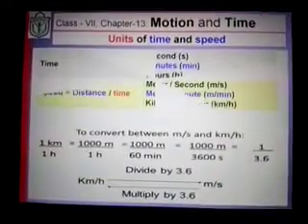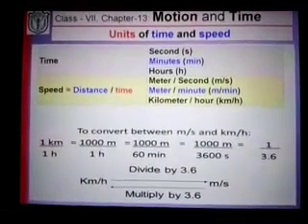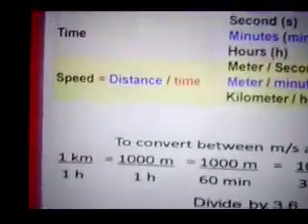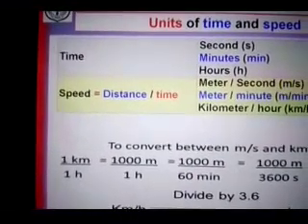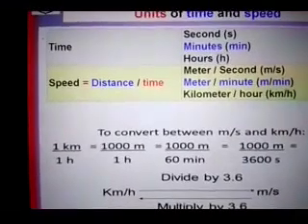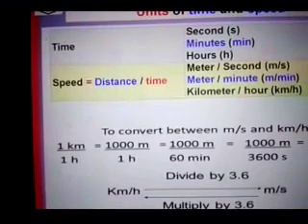Now we convert speed units from kilometer per hour to meter per second. We know that the speed formula is distance by time. Distance is measured in units of kilometer or meter and time is measured in hours or minutes.